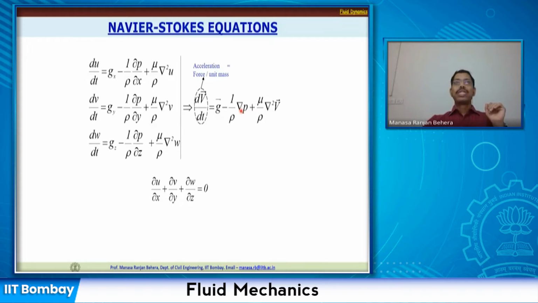This del is again dou by dou x, dou by dou y, dou by dou z, so depending on the direction that you are trying to resolve, this term is going to come up. And here again similarly you have mu by rho del square V. If you are talking about x direction, u is going to come. If y direction, v is going to come. If z direction, w is going to come. So finally we can write this simple compact equation, which is nothing but your momentum equation of motion. In addition, you have the continuity equation which needs to be used to solve all the flow variables.